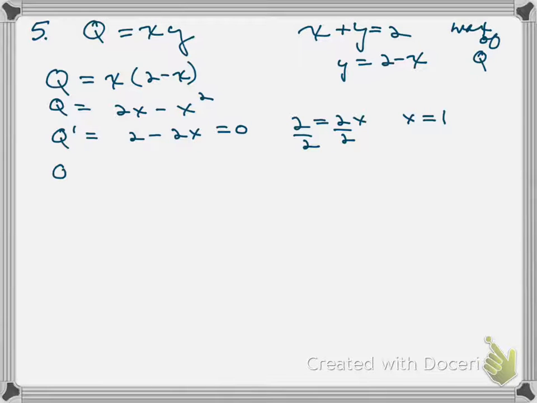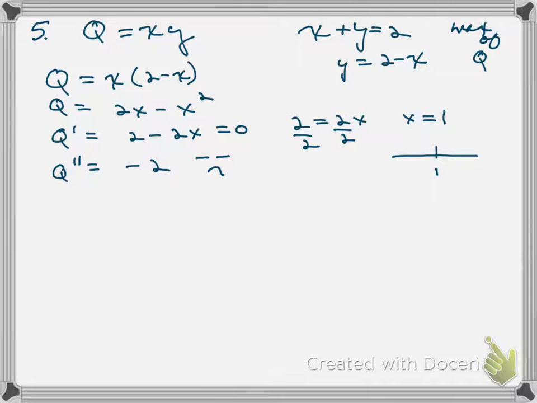Now I'm going to go ahead and take the second derivative, because they asked you to test it with a second derivative. So notice, the second derivative is always negative 2. That means that the function is always going to be concave down, which does give you my max. So I'm going to just do a quick little sign chart.